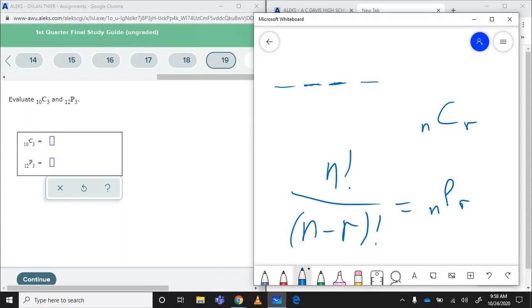So combinations would be a smaller group. Combinations will be that original number, but you'll need to get rid of all of the permutations which are equivalent. The way we do that is we divide by the number of things we're picking from.